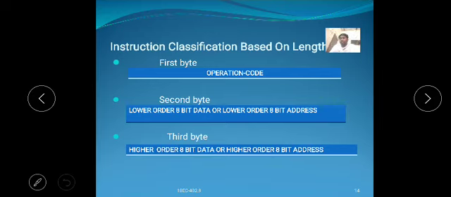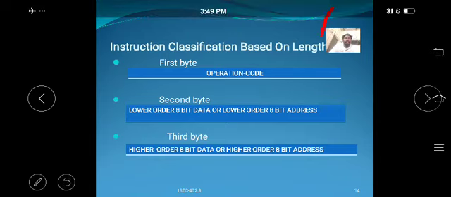One important point is that except for the arithmetic group, the remaining groups have only 1 or 2 instructions of 3 byte length.